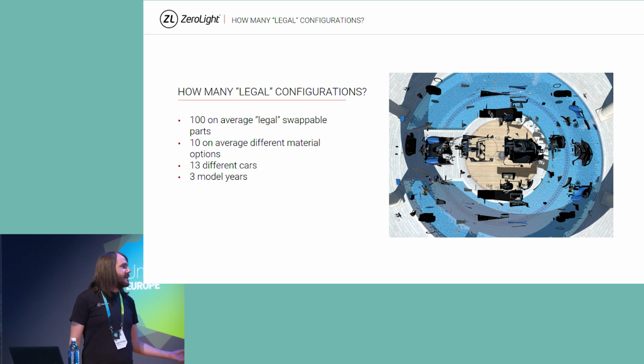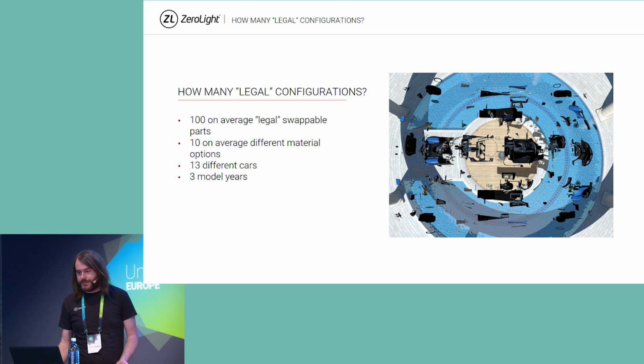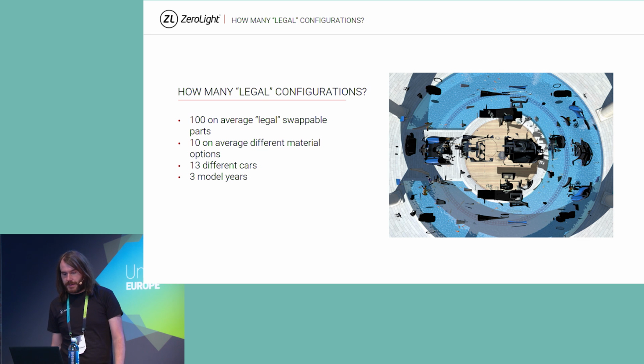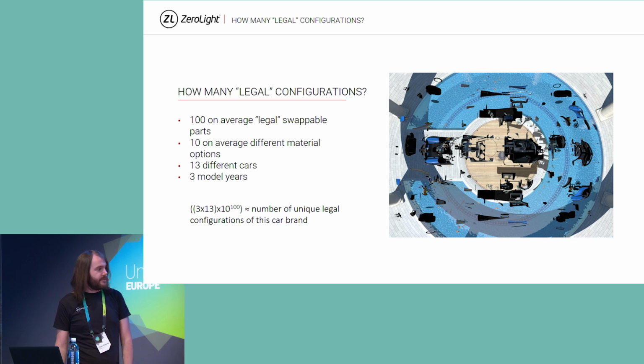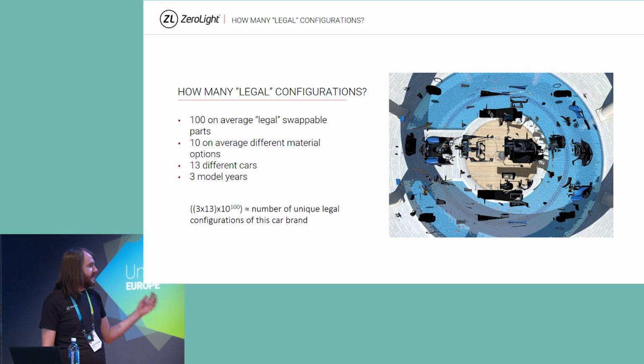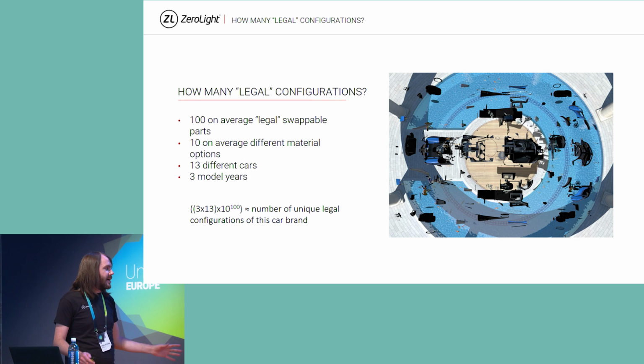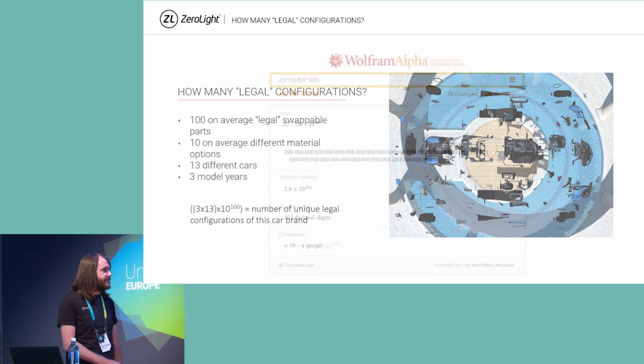What decides these legal parts is a rules engine which says these are what we're allowed to sell. It's restricted down, so in the case of Audi, you can't have an S-Line badge on a non-S-Line car. So this works out about the average. This is still 3 times 13 times 10 to the power of 100, which is about the number of legal configurations we have to deal with.